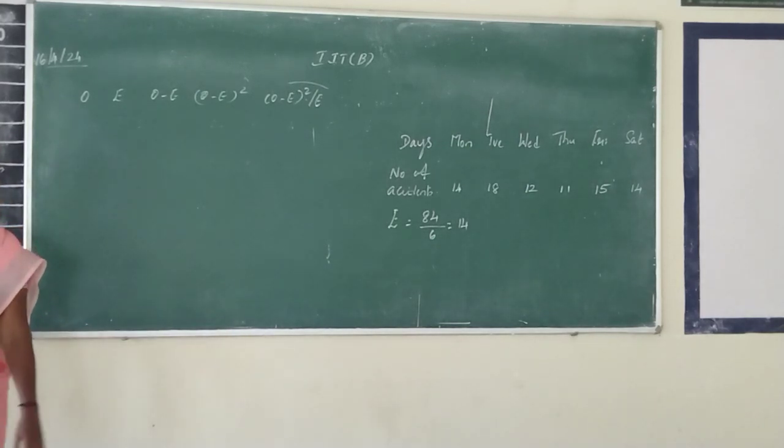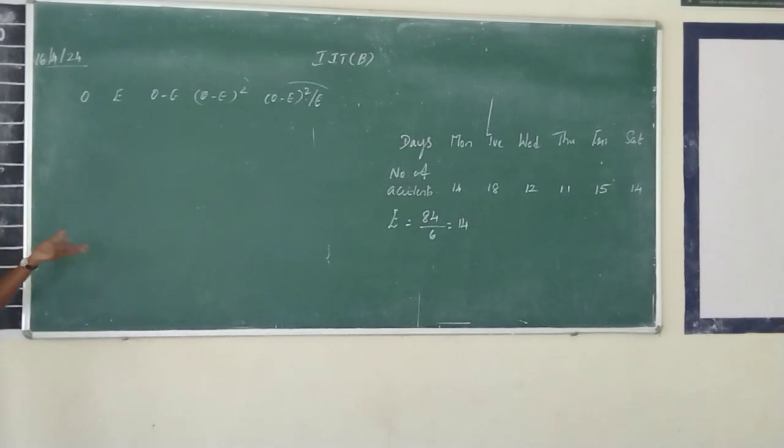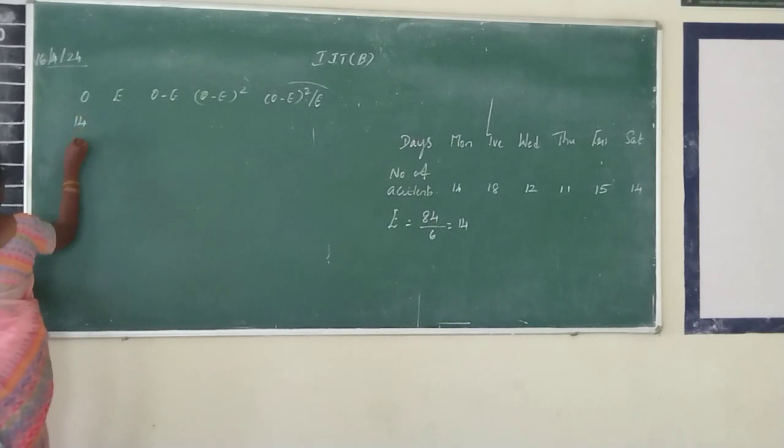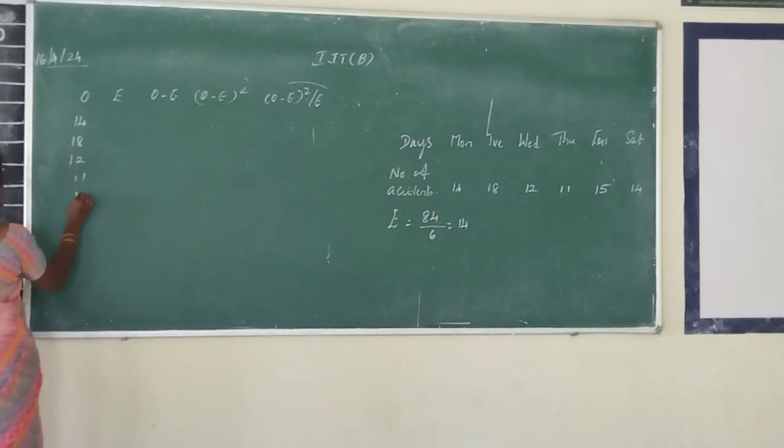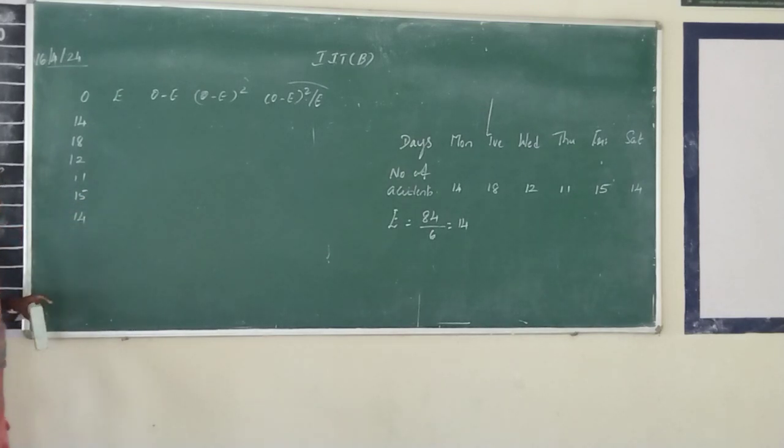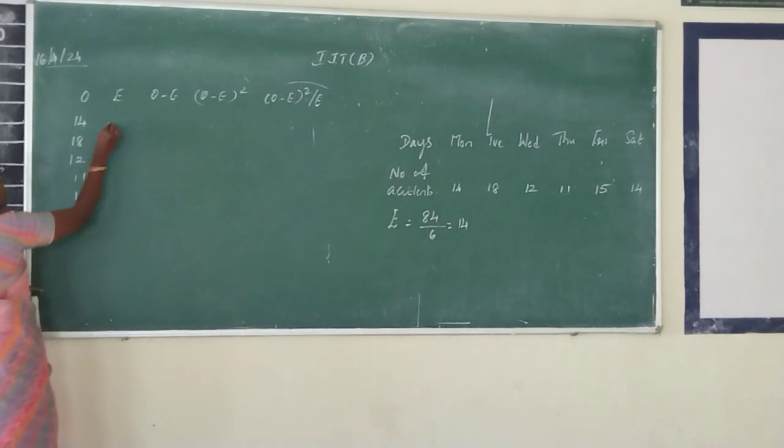What is the next step? Do it. So 14, 18, 12, 11, 15, 14. For all the E values, 14.